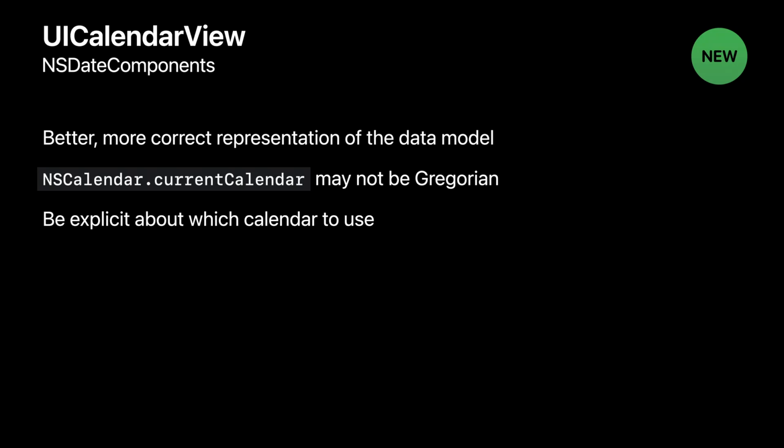Because date components offer many flexibilities, you should be very explicit about which NSCalendar the components are represented by. Note that you should not make assumptions about the type of the current calendar. If you need the calendar to be Gregorian, explicitly specify the Gregorian calendar.